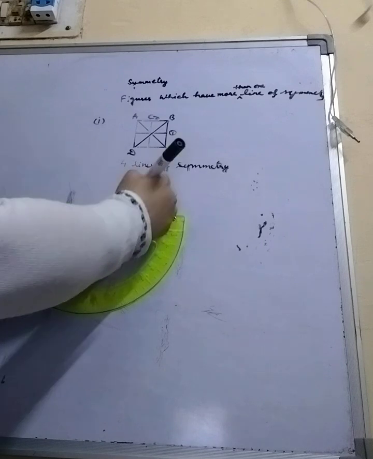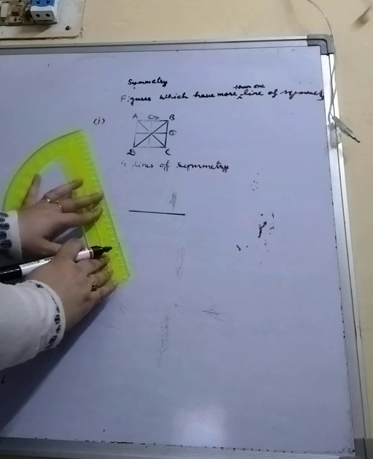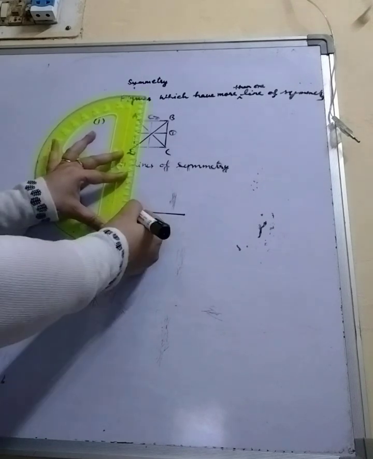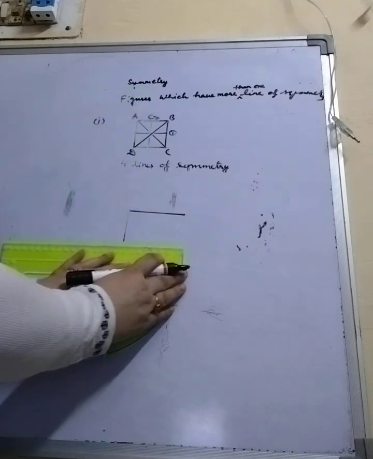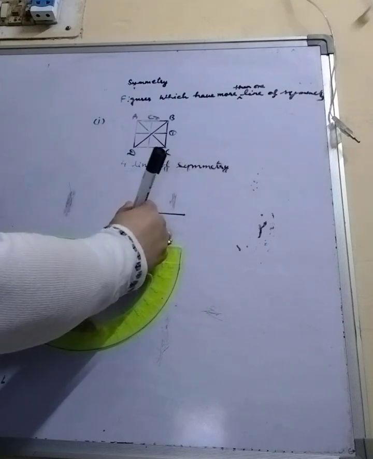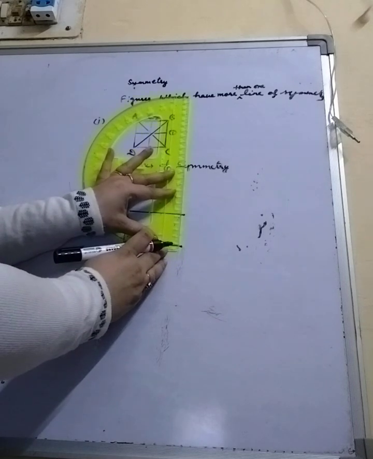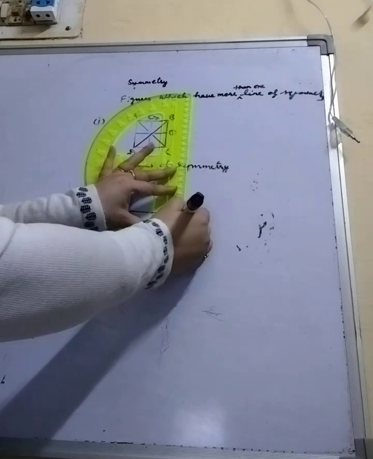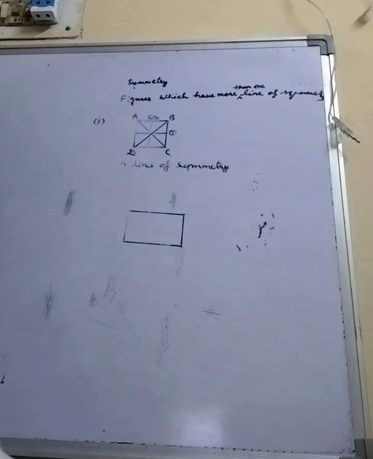So let's make length 8 centimeter and breadth we take as 5 centimeter. You also draw it on a piece of paper which you can tear. On a piece of paper you draw the rectangle like this. So let's draw the figure over a piece of paper.